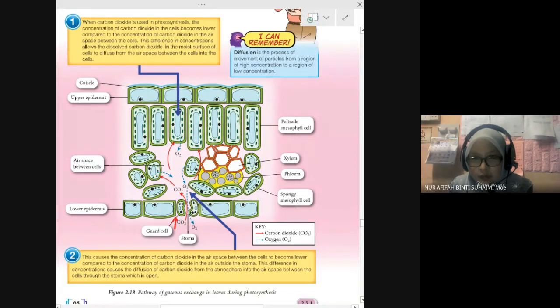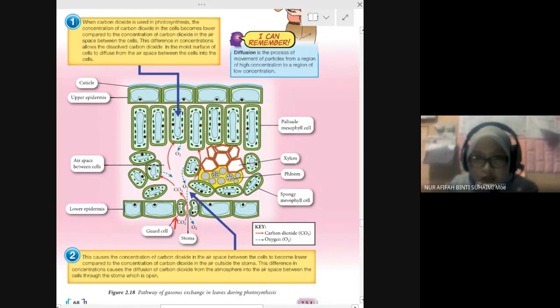This higher level of oxygen inside the plant cell will diffuse out through the leaf. If you can see the blue dot arrow here, that is oxygen. Higher oxygen is produced in the plant cell, because during this time it carries out photosynthesis.